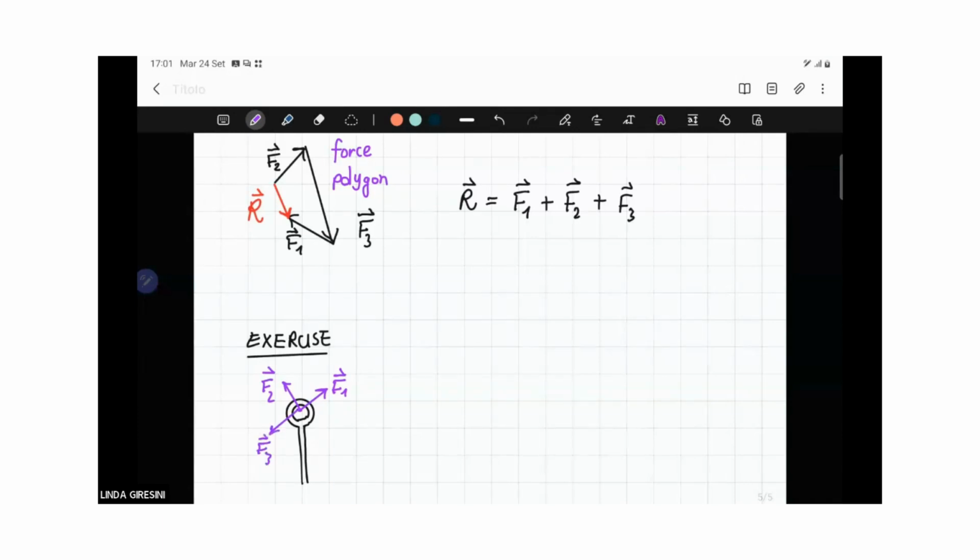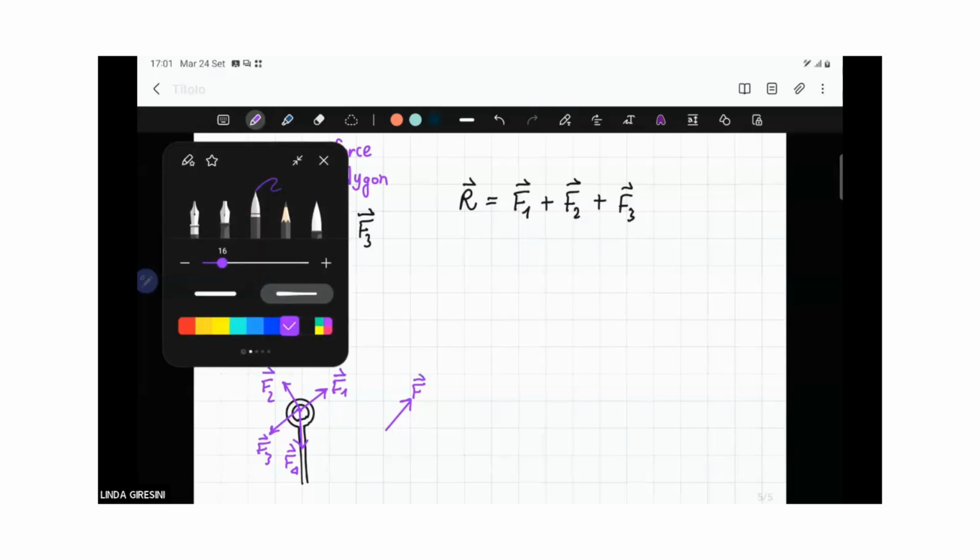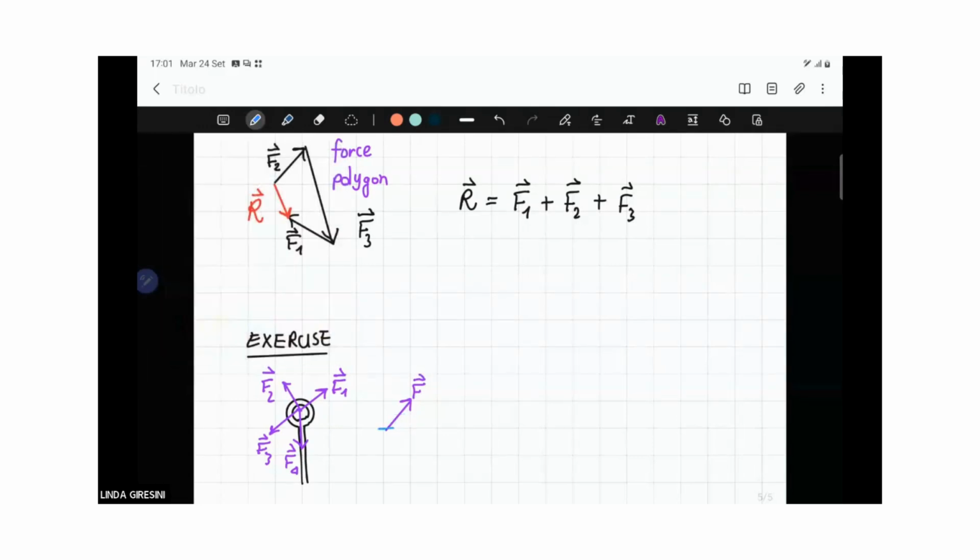They are not to scale. And F4. So if F is the generic force, the inclination angle with respect to the horizontal axis is alpha. Okay?